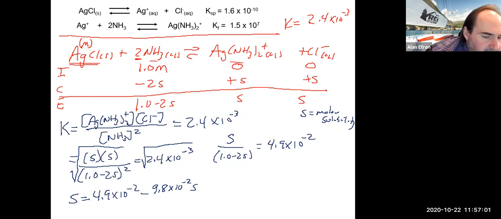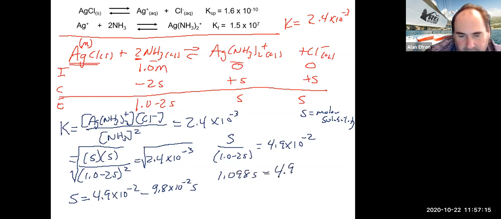Going to bring my S's to one side, and that's going to give me 1.098 S is equal to 4.9 times 10 to the minus 2. And if I do that, we're going to divide it to the other side.